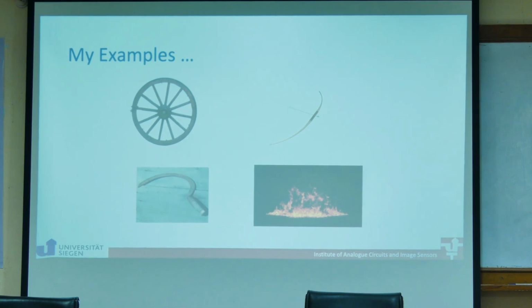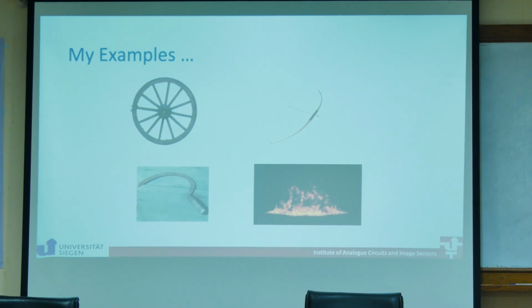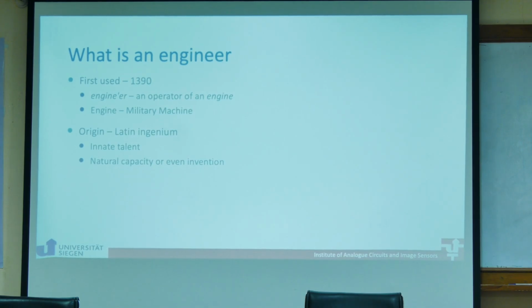Latin. Of course it comes from Latin, but which word? So the word comes from ingenium, which translates as innate talent or natural capacity. It's also the word which is the origin of genius. So genius and engineer have got the same mother word and origin.